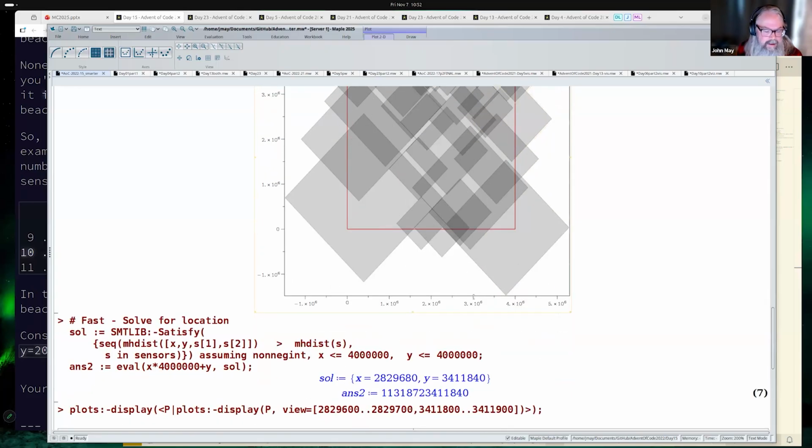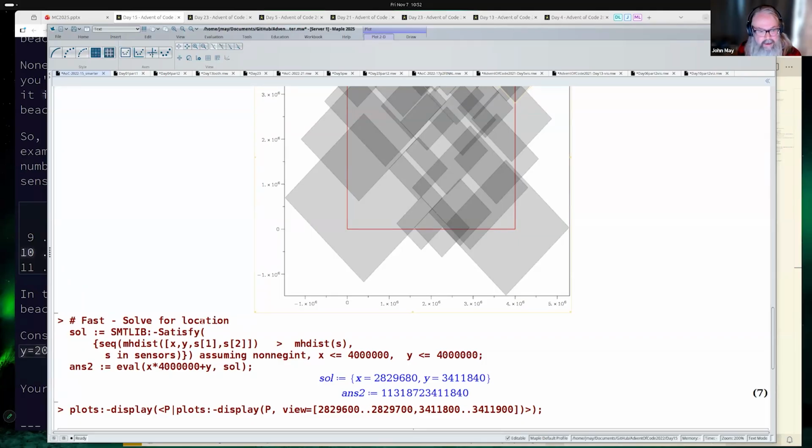So let's just solve that. Let's take an XY that's outside the range of the scanner S. So this is the Manhattan distance of each scan line.